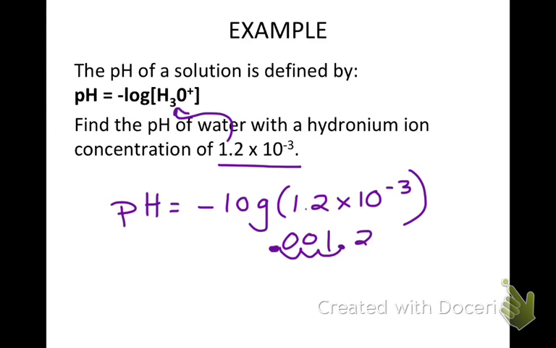So now let's use our calculator. So hit the negative button, hit the log button, and then 0.0012. And I get a pH level of what? 2.92. You guys trust me on that? Wait. I don't get why you are moving the decimal place?